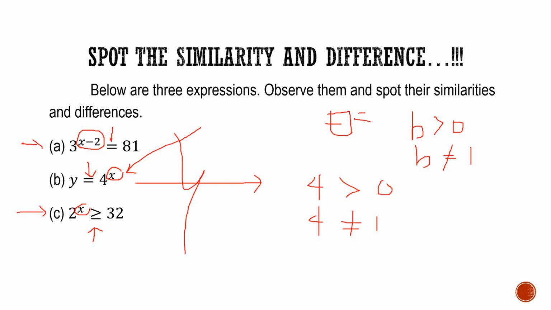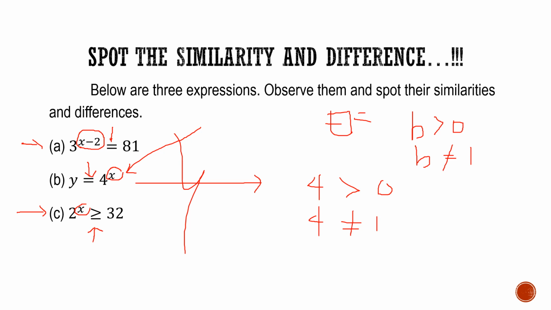Nevertheless, again, all three are exponential expressions, including A and C. So these three are good examples of exponential expression. It is so since all are expressions with a variable and use an exponent.